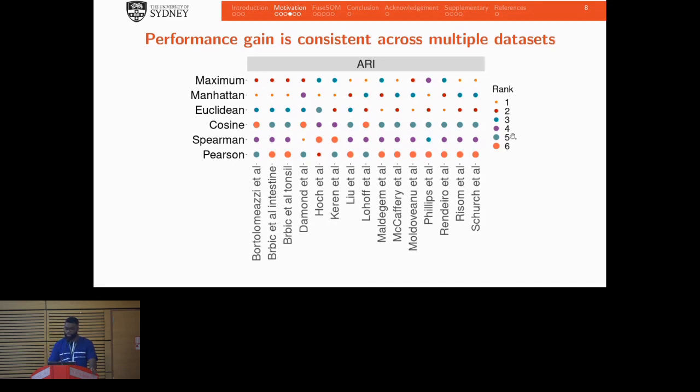Here, 6 is the best performing one, and 1 is the least performing one. You can see that for most of the data sets, the bottom 3 are always in the top. So objectively, across multiple data sets from multiple platforms, there is a theme that correlation-based metrics are actually doing better than a typical Euclidean.